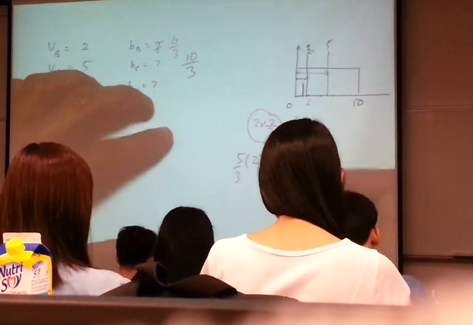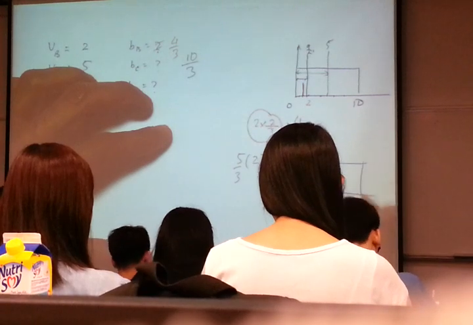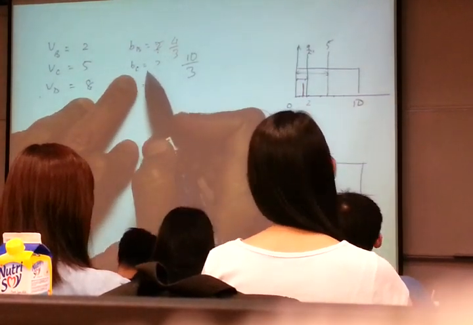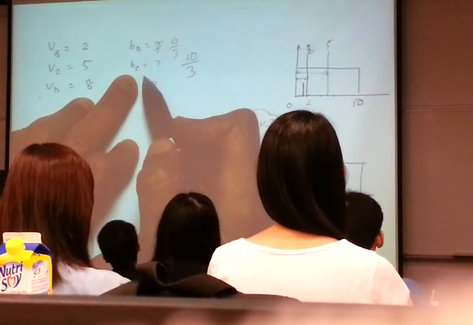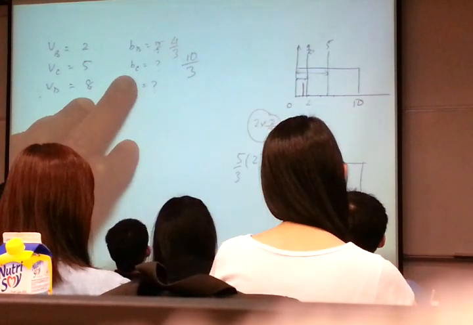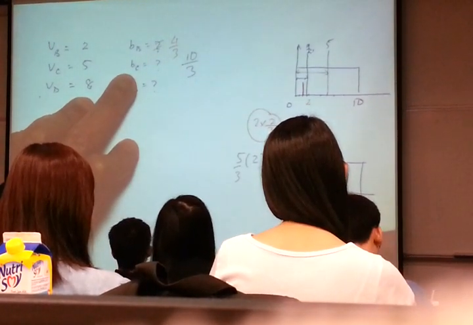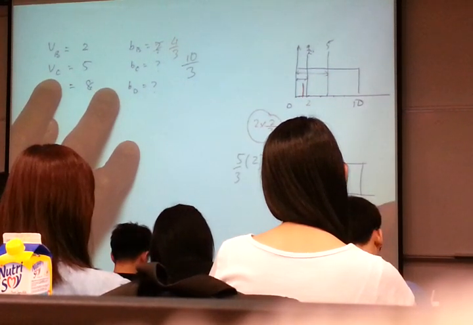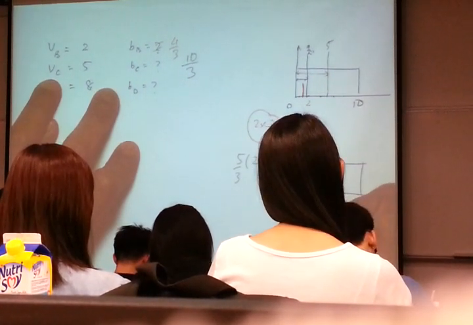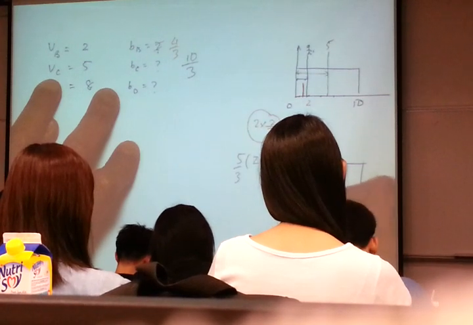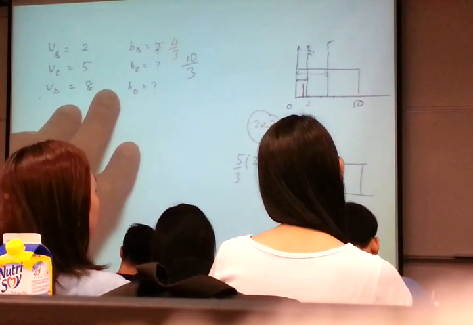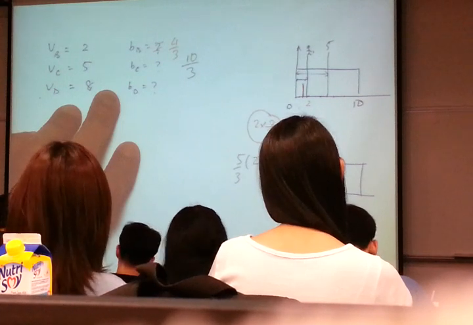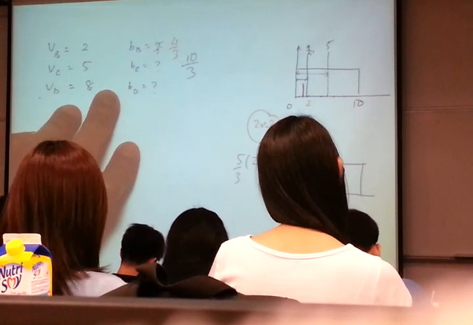Let me draw another diagram then. 0 to 10. For each bidder, how do you find his optimal bidding strategy? It is found by assuming that his valuation is the highest. In the case of Charlie, Charlie assumes that his valuation is the highest and he looks for the next highest valuation. There are 2 other bidders here, Ben and David. So he has to place Ben and David somewhere in this distribution.